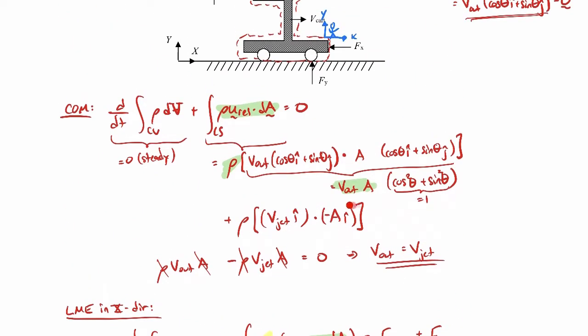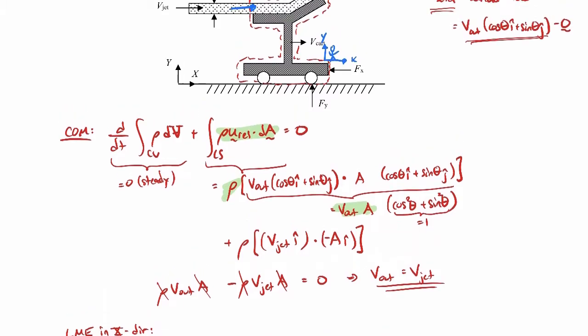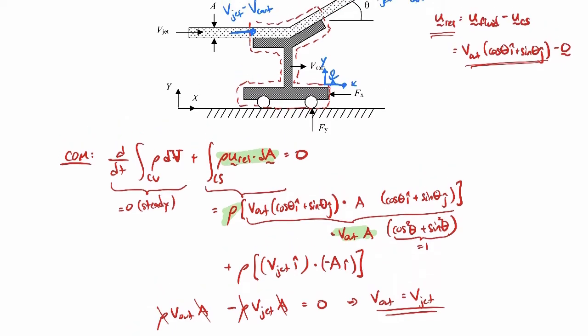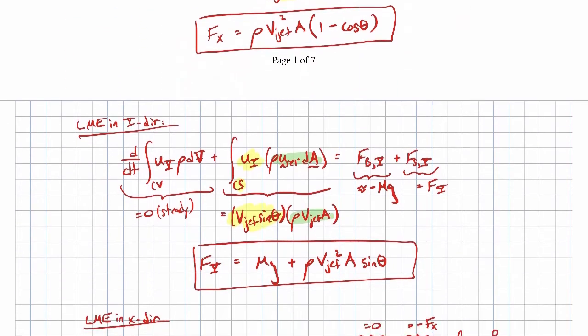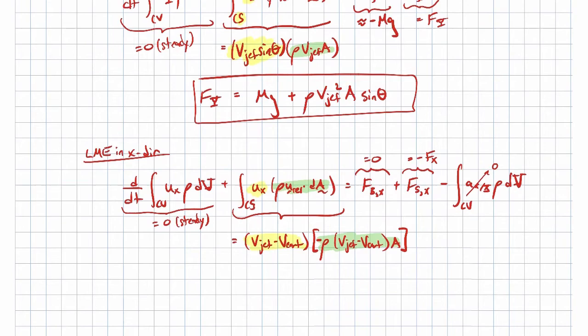Remember, this was the inlet when the cart was fixed. The only thing different now would be this would be vjet minus vcart. The area vector is still in the minus i hat direction at this inlet. Okay, so that's why we have the minus here. The minus comes from the area term.